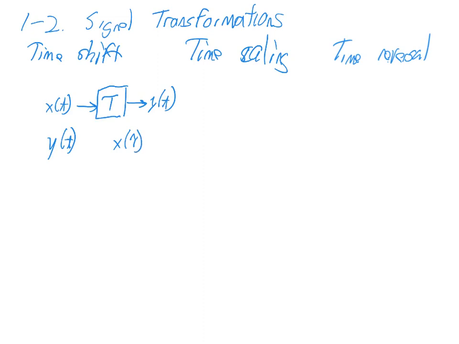So one example might be if you have some function x, and let me replace the independent variable here with a substitute variable, and you want to perform an integral of that. So maybe you have velocity in x and you want to get position.